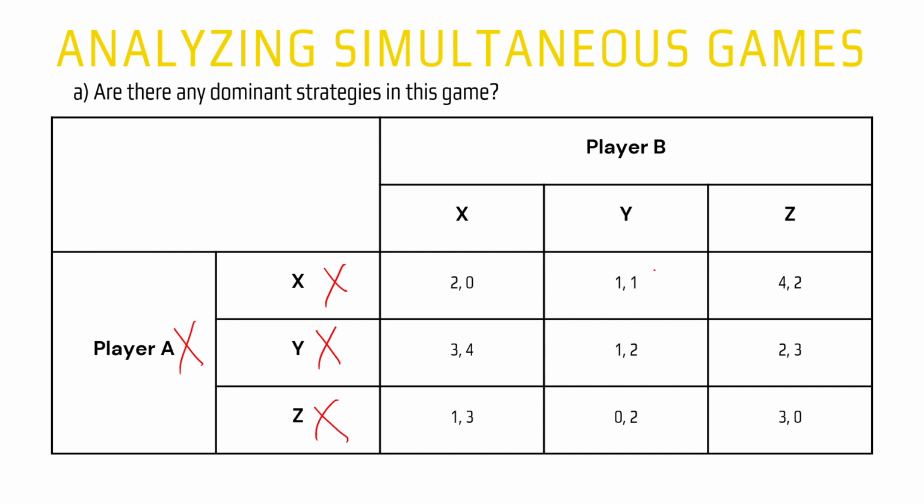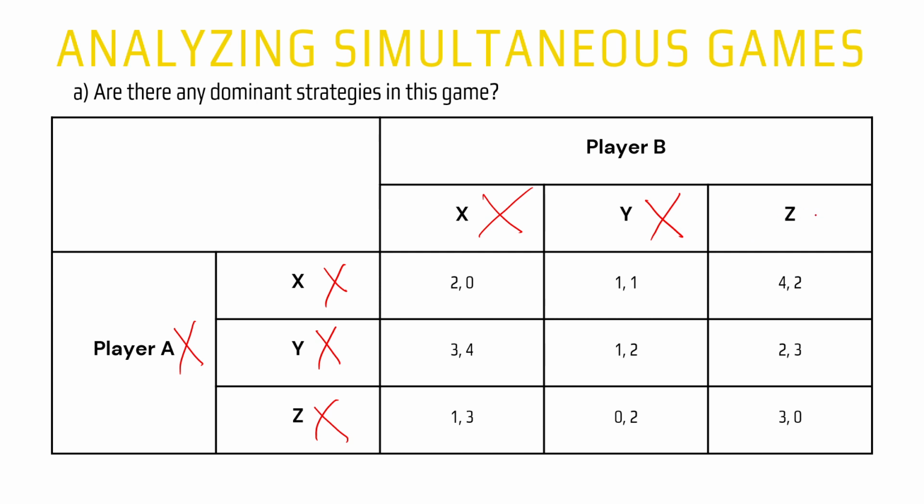But what about player B? Let's consider strategy X. Strategy X has a payoff of 0 which is being dominated by 1 and 2. So strategy X is not a dominant strategy. Next, strategy Y has a payoff of 1 which is being dominated by 2. So strategy Y is also not a dominant strategy.